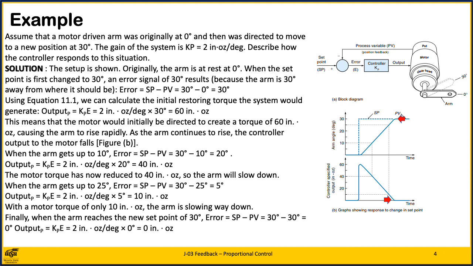Finally, when the arm reaches the new set point of 30 degrees, error is equal to 30 minus 30, or 0 degrees. Output Kp times E is equal to 2 inch-ounces per degree times 0 degrees, or 0 inch-ounces. With the motor torque of 0 inch-ounces, the arm stops.